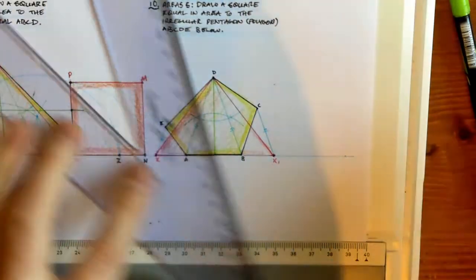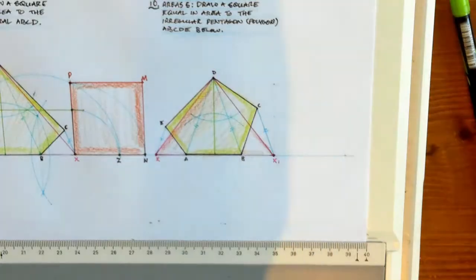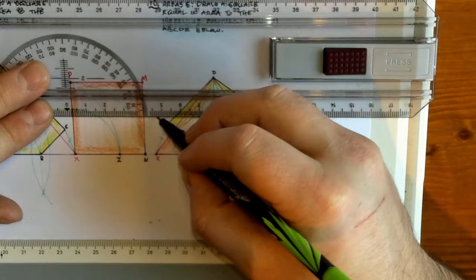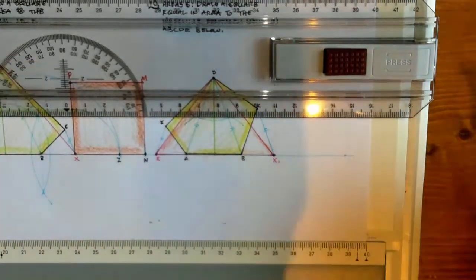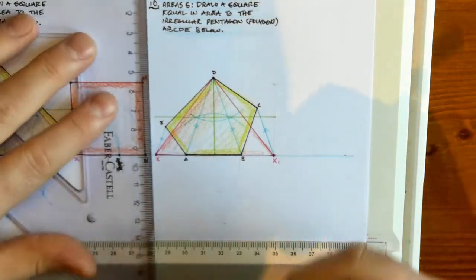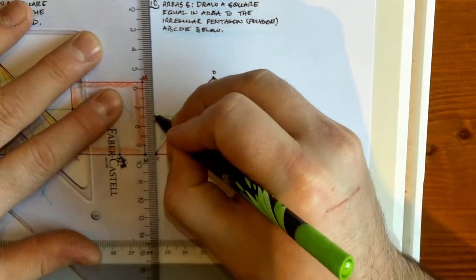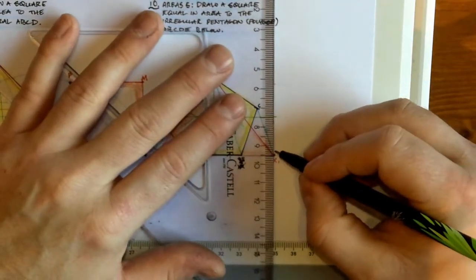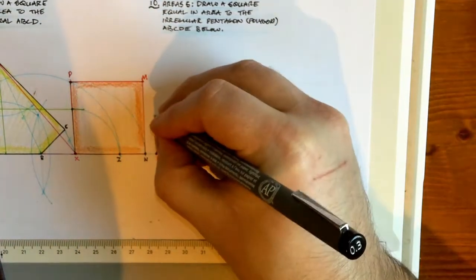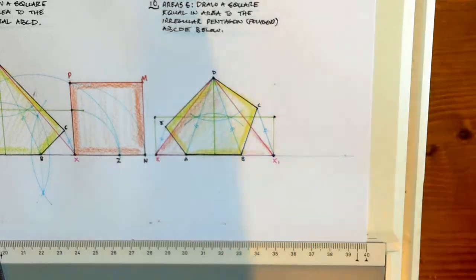Lovely. Now, we draw the bisector line just straight across for the moment. Don't worry about the length of it. We're going to join up point X vertically up and point X1 vertically up. That now defines the size of our rectangle.